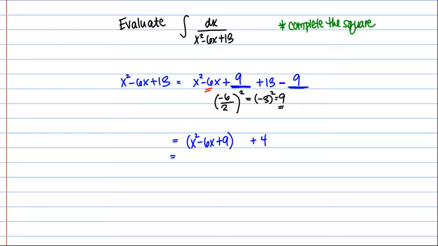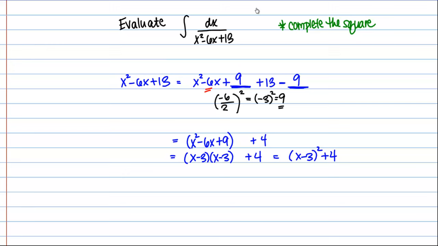Well, this expression here, this x squared minus 6x plus 9, if we did our work correctly, this should now be what we call a perfect square. It should be able to be factored as a perfect square. And if you check, this actually factors into x minus 3 times x minus 3. So then this becomes x minus 3 quantity squared plus 4. Okay, so that's why this is called completing the square.